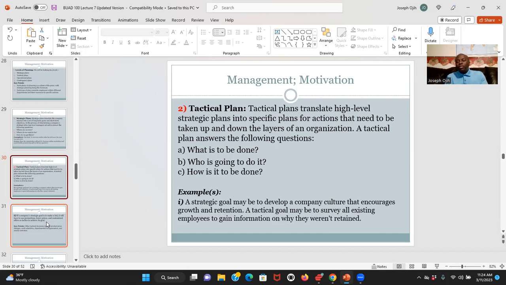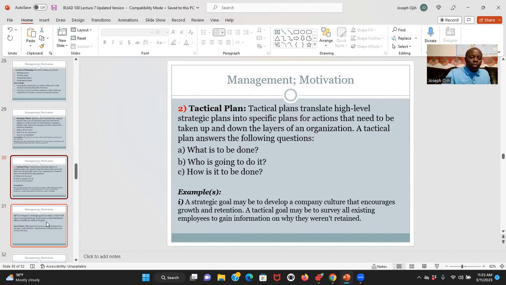Now, how do you achieve that? That's where the tactical plan comes in. What is to be done? So a tactical goal might be to send out surveys to employees to figure out what made them leave the organization. From there, we can now develop what to do.